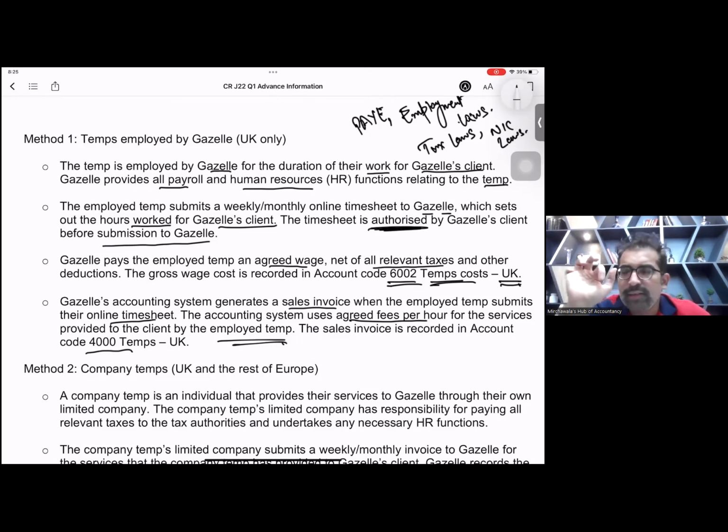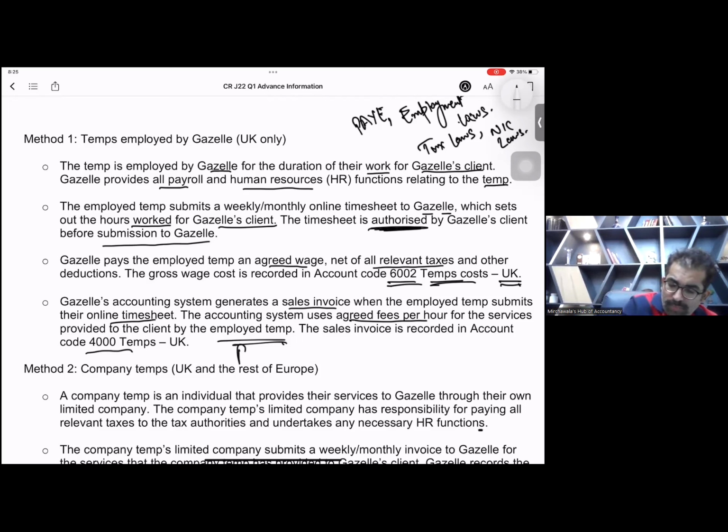Okay, now they send. Now what if there is a fake timesheet? Just think, if there is a fake timesheet or an unauthorized number of hours recorded in the first step, then obviously in the second step we'll send the invoice, and definitely that invoice will not be authorized or accepted by the client. So there is a risk of bad debt.